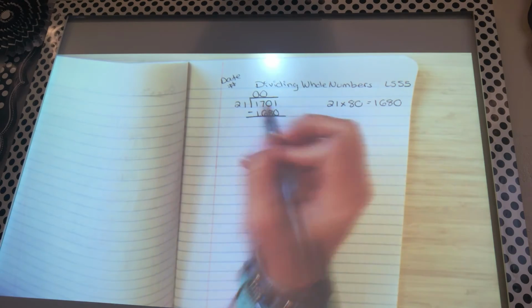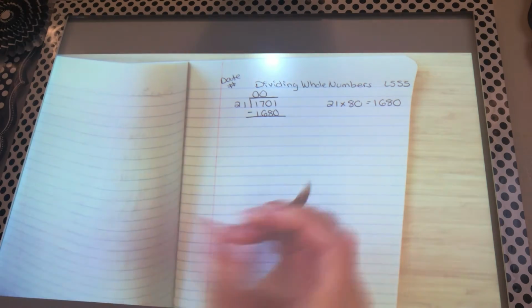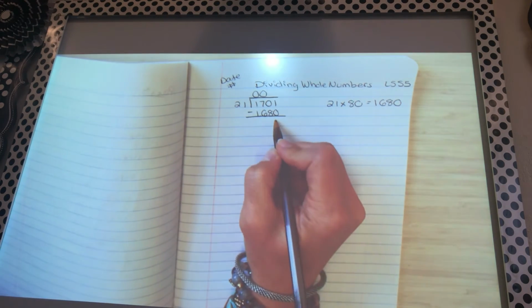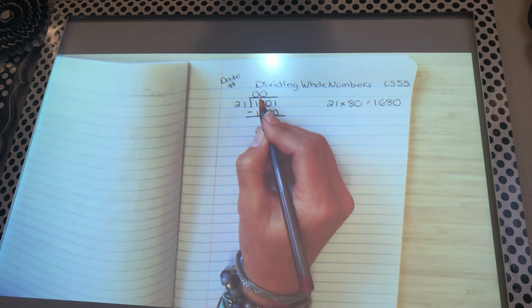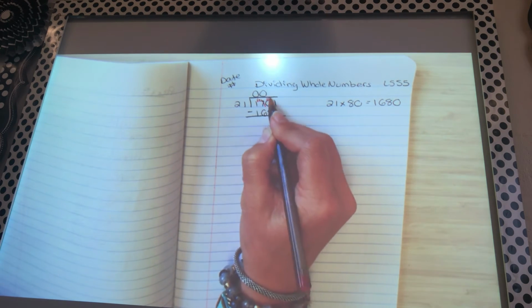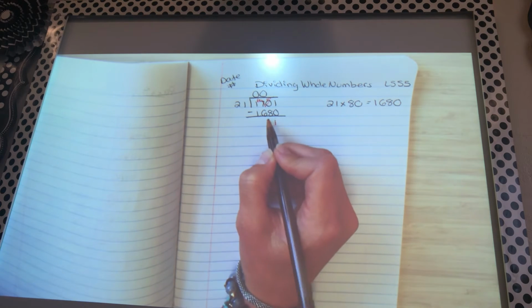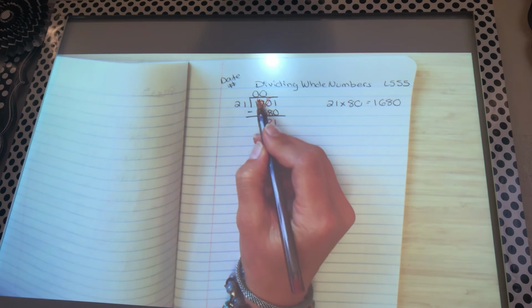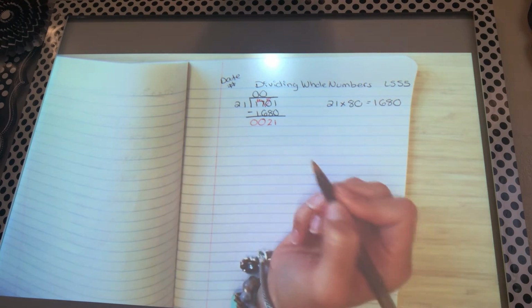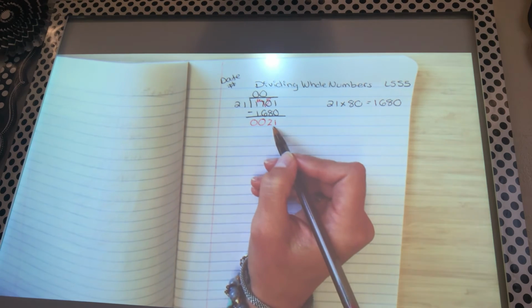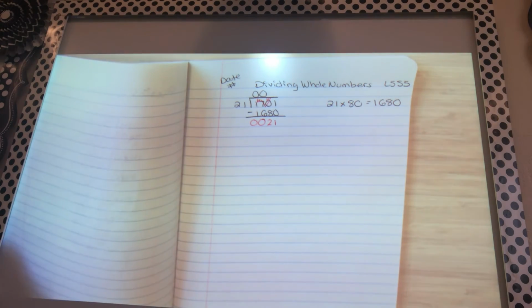When I do that, I just go down in place value. 1 take away 0 is 1. 0 take away 8 is negative 8, so I fair trade. Now I have 10 take away 8, that's 2. 6 take away 6 is 0. And 1 take away 1 is 0. So now I have 21 as my remainder here.